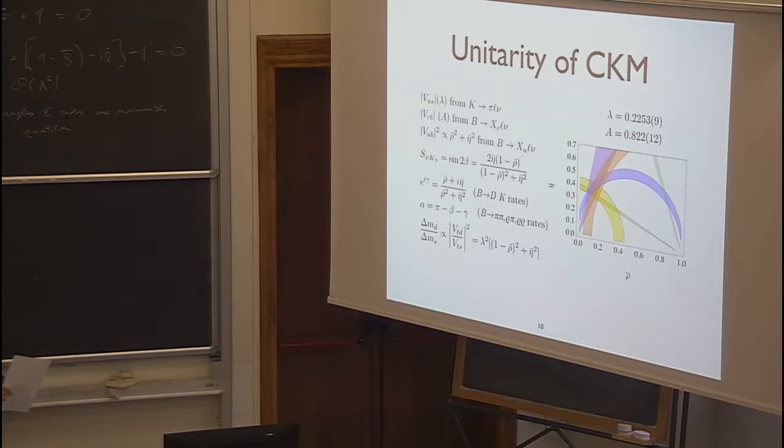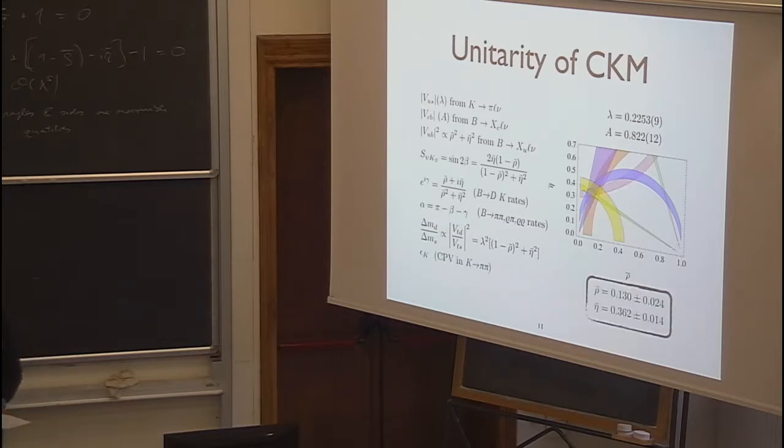The ratio of those frequencies is proportional to the ratio of V_td over V_ts modulus squared. And again, you can express this in terms of rho bar and eta bar, and this defines another circle around the (1, 0) point in the rho bar eta bar plane, which is shown in orange.